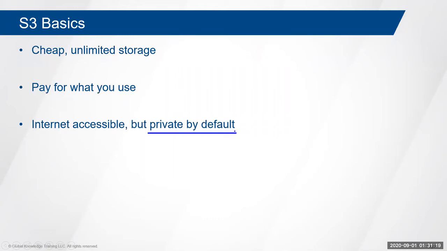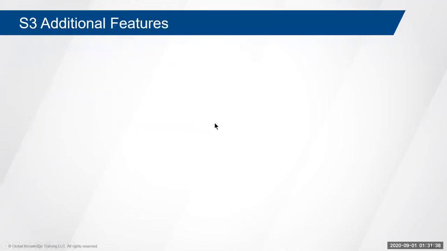But by default, only the owner has permissions to access this. So while the internet is the standard tool for accessing information in S3, it's not opening it up to everyone to be able to access this information. It is internet accessible, but not publicly accessible by default.